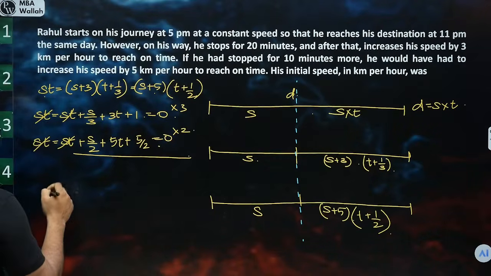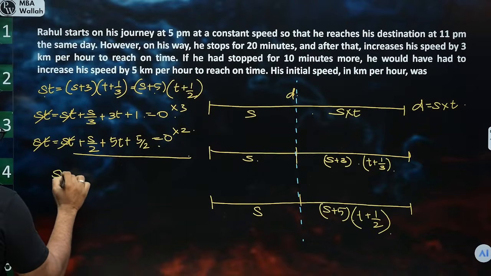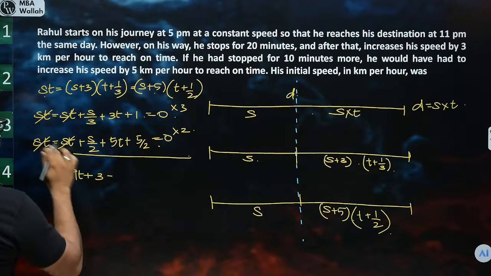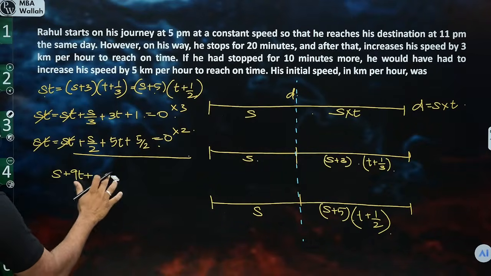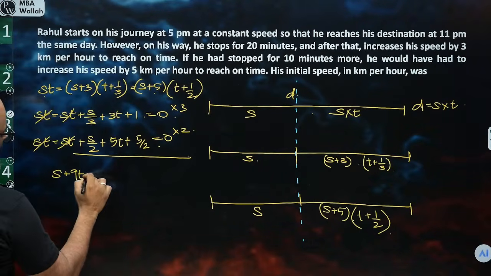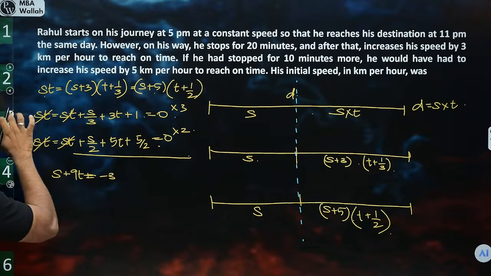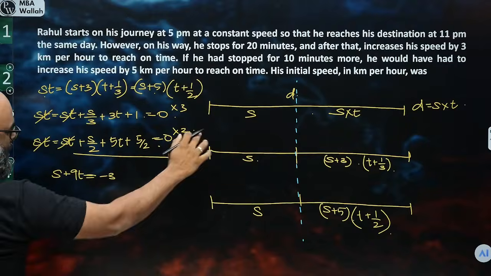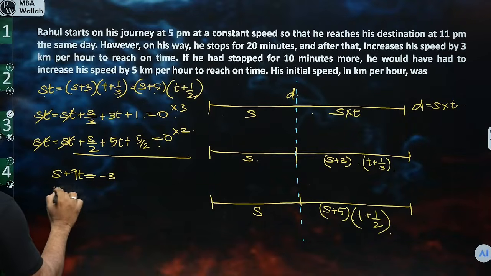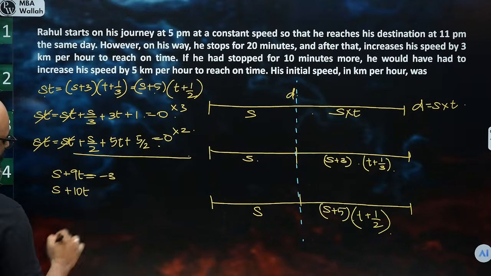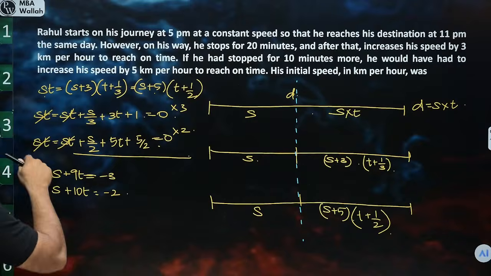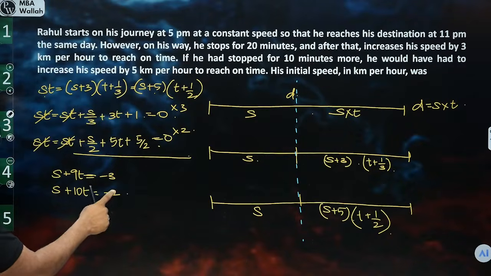So I'll have s plus 9t plus 3 equals 0, or equal to minus 3. Similarly, multiplying the second equation by 2, you get s plus 10t equal to minus 5. The 5 by 2 goes over there and becomes minus 5 by 2, so this will be minus 5.